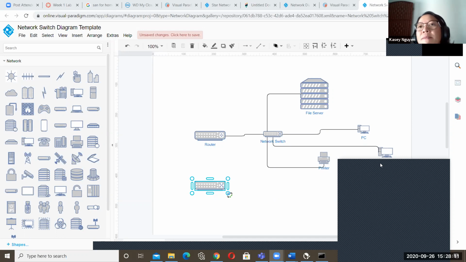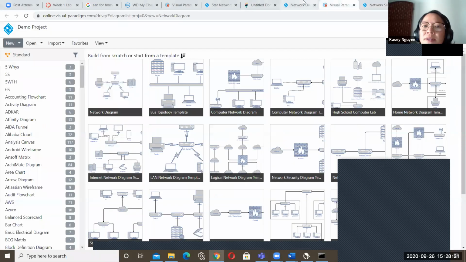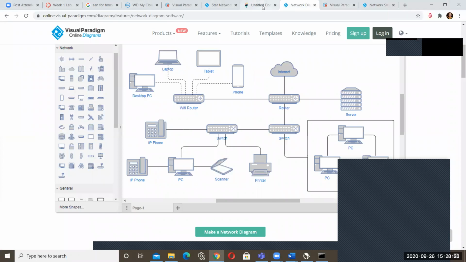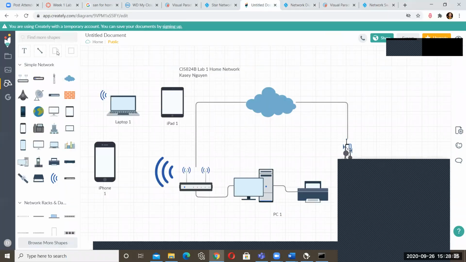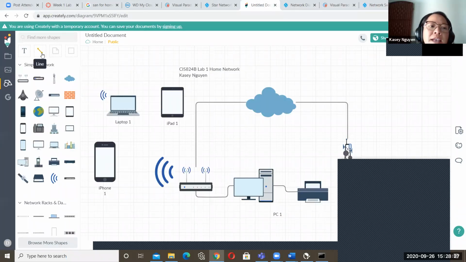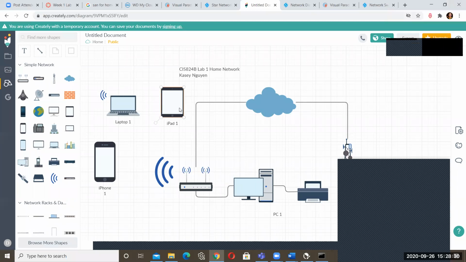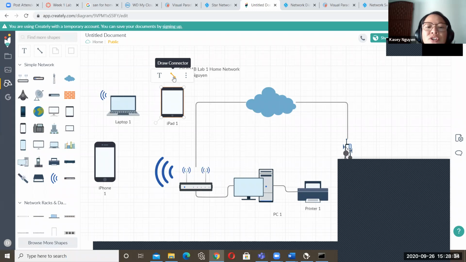Okay. Question, for the home network: how do you make the cable connections? On creately.com, on this one, if you click on the device, it should show you the draw connector option.